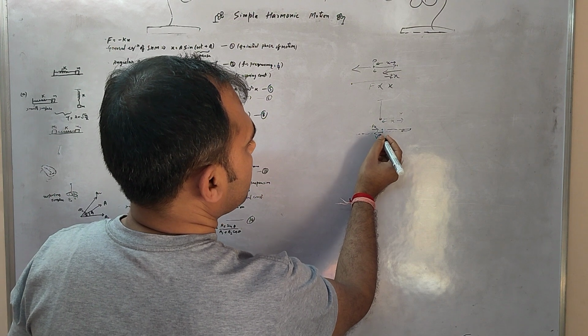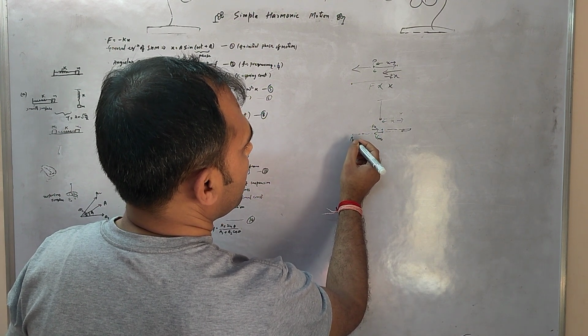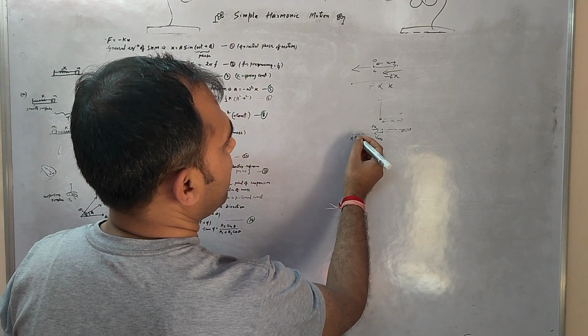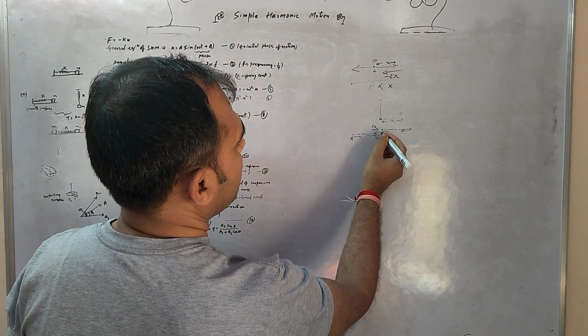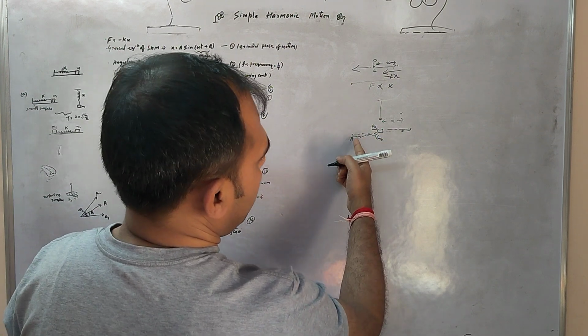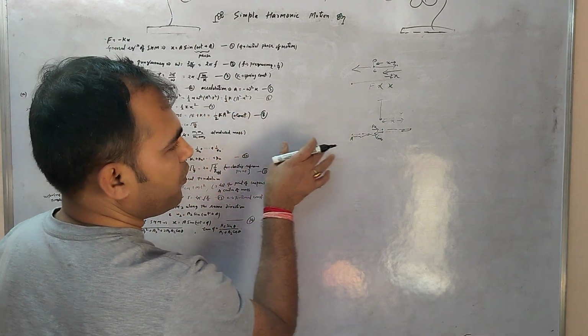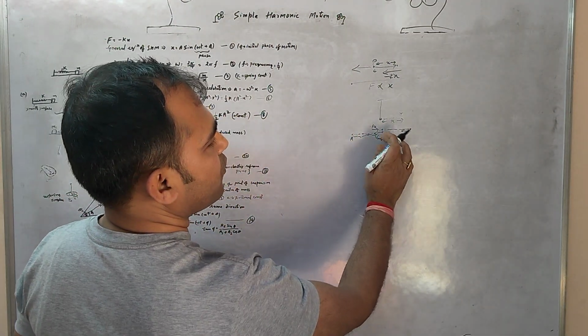So similarly this point again goes to, let us say, amplitude A. So here again it will stop and start moving towards the reference point.